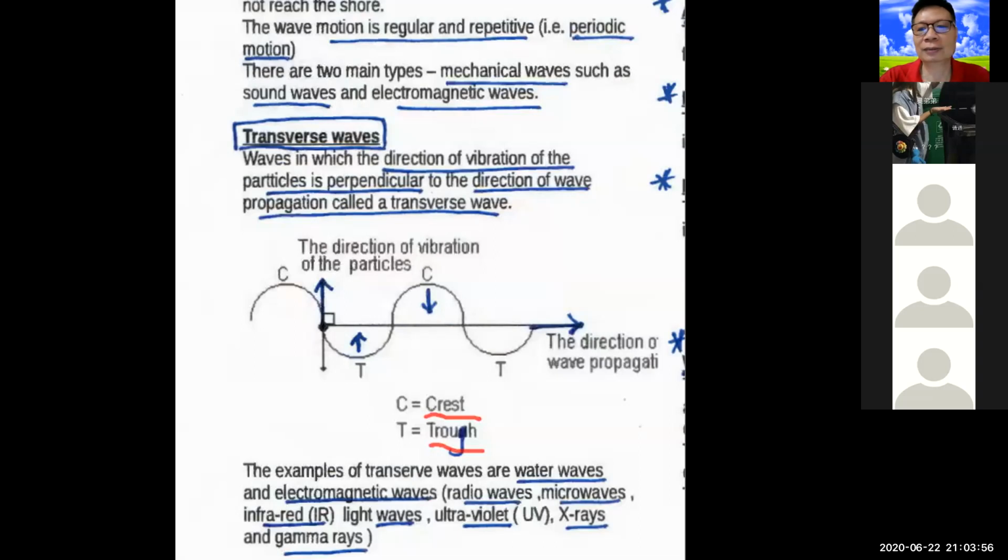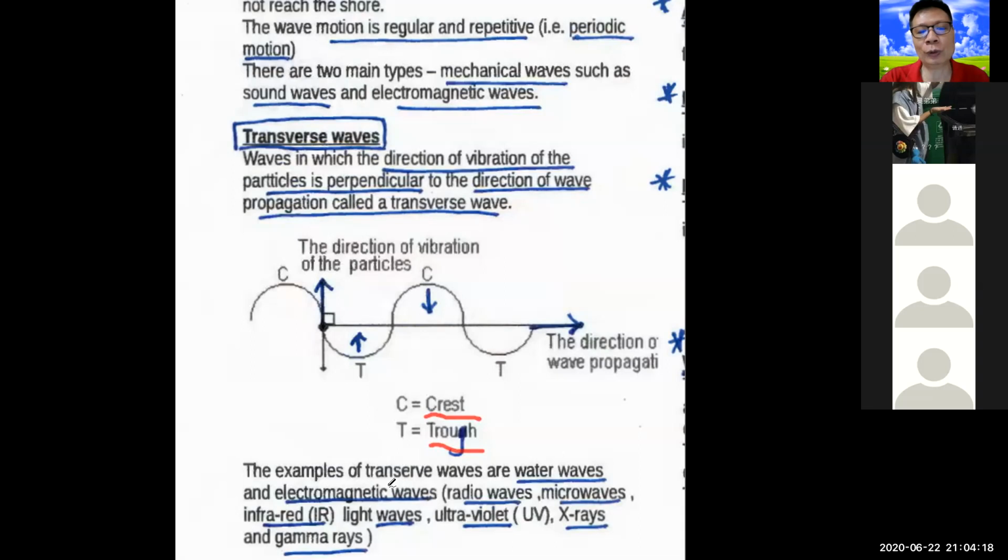Ultraviolet waves, light waves, X-ray waves, yes, X-rays. Correct. Very good. There are many examples actually. Like you can give a water wave. Water wave is one of them lah. Light is also included here, right? Water, light, radio wave, microwave, all these are.